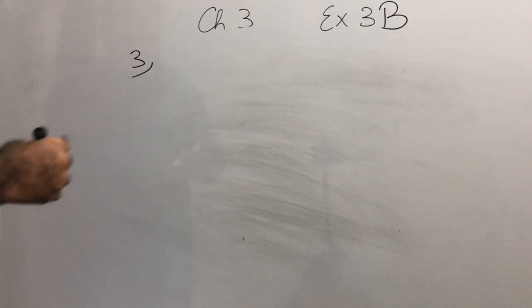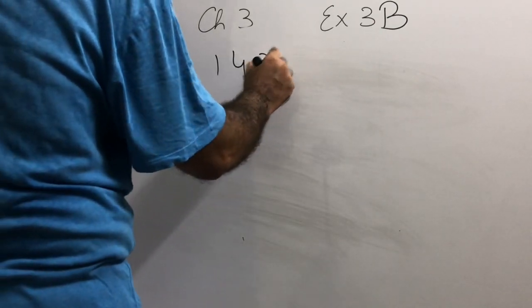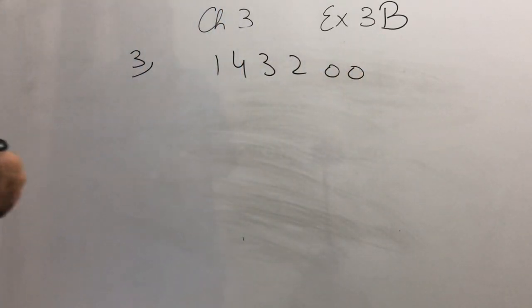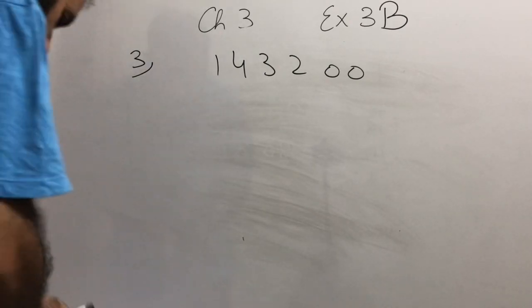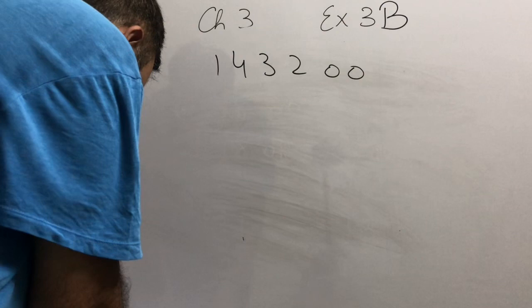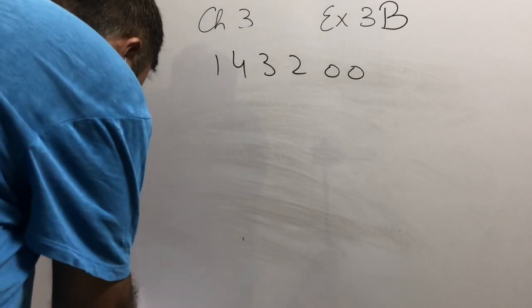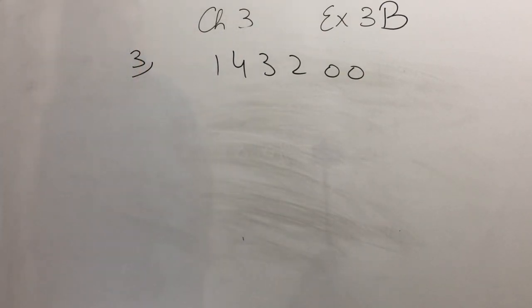The number 143200 is correct to x significant figures. Write down the possible values of x. Okay. You know that in this question we need to find the possibility that how many significant figures it can have.